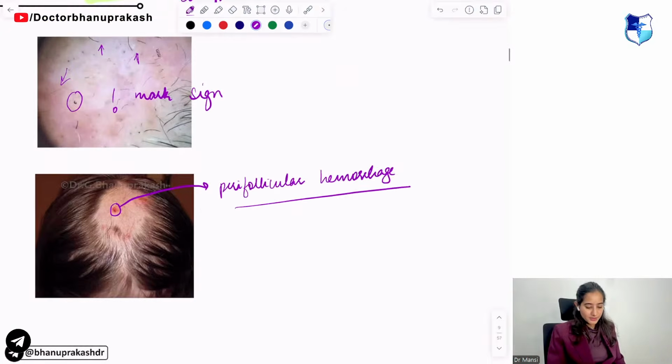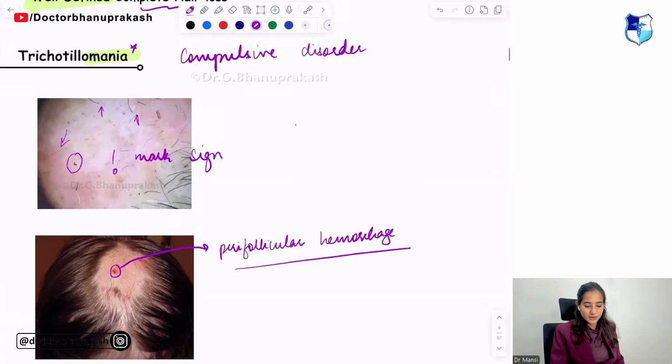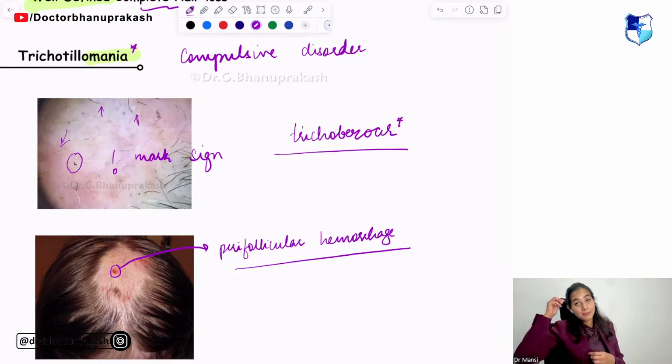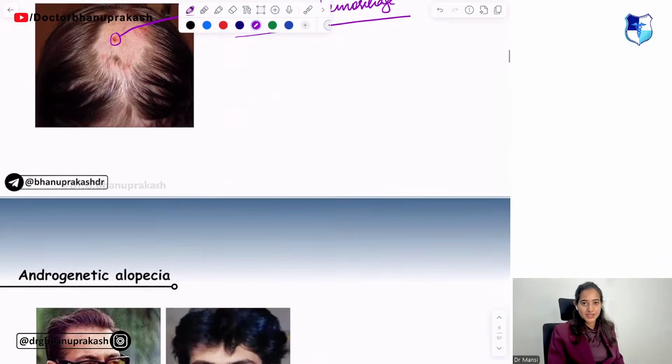Then trichobezoar is one thing associated with trichotillomania. Please study it in association with your surgery. People pluck and eat their hair, and this becomes a ball in your intestine. There's a famous image which you might have seen as well.